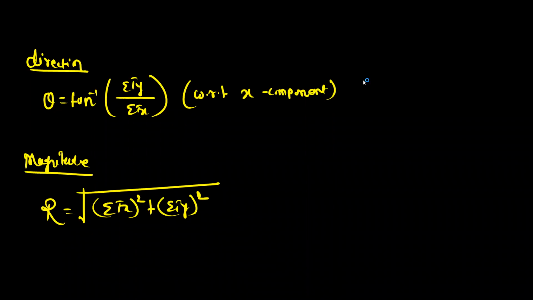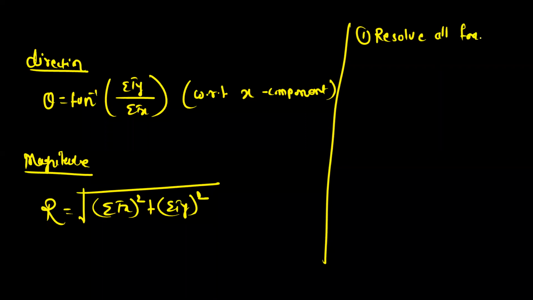So whenever you see a problem where two or more forces are acting at a single point, then you can find their resultant by using this method. So what are the steps? First is resolve all forces along x, y direction.